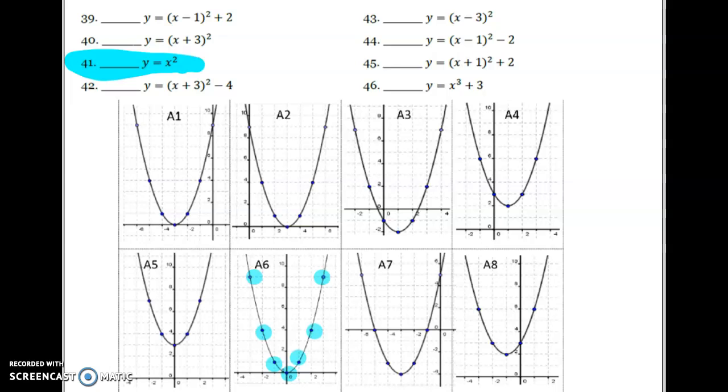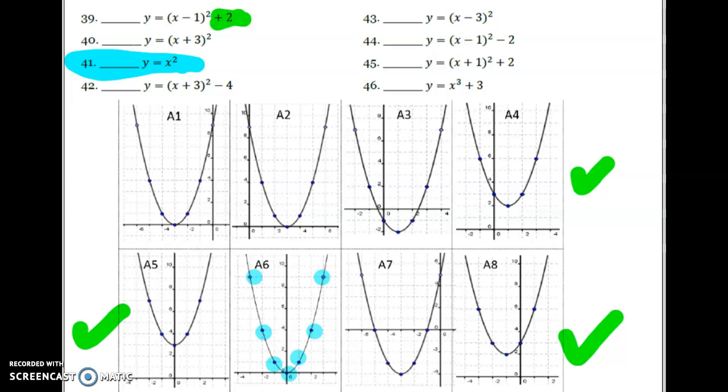Now we did say that the plus k value at the very end, like in number 39, where there's a plus 2, is going to be a shift up or down. Since the 2 is positive, I'm looking for a parabola that has shifted up. A couple of them that I see shifted up: this one's up, this one is up, this one is up higher than the 0, 0 vertex.